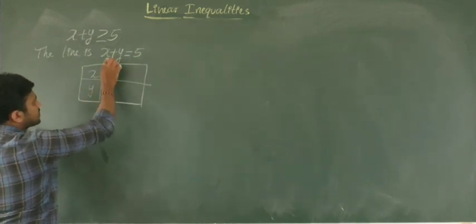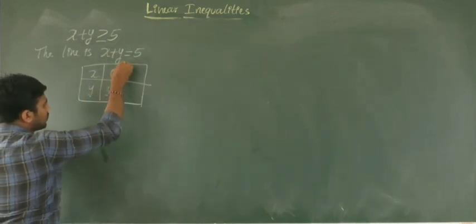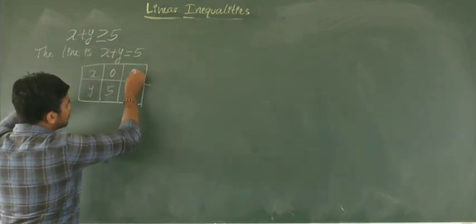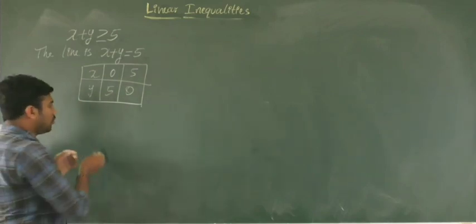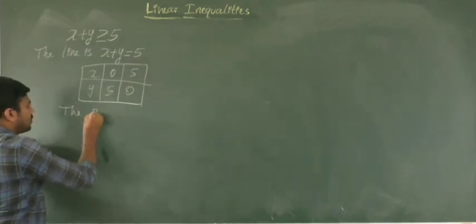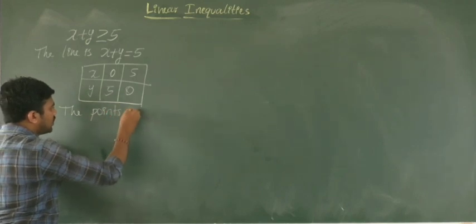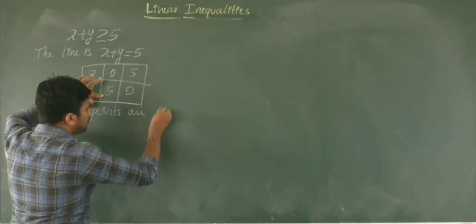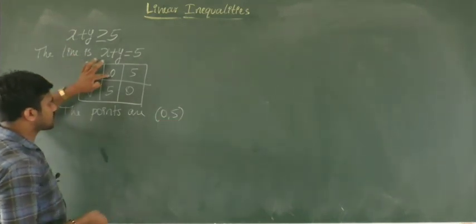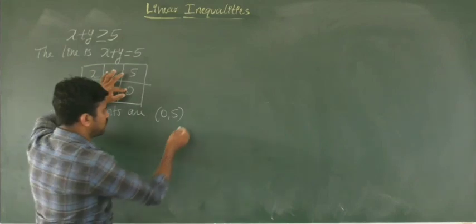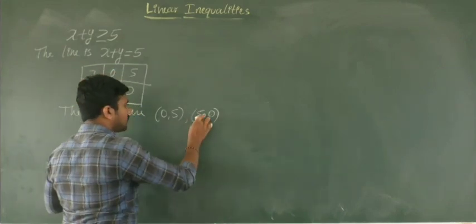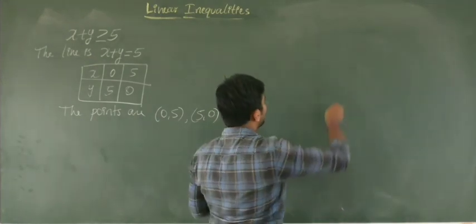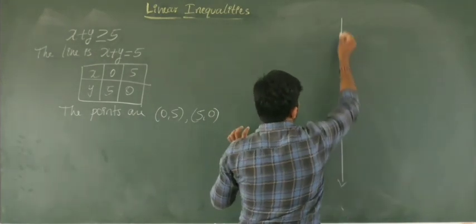Similarly, if you consider y is equal to 0, then we will get x is equal to 5. So the points are 0, 5 and 5, 0. So these 2 points you have to mark in the plane. Okay, so again we need to consider a plane.